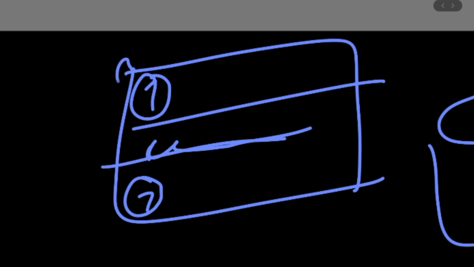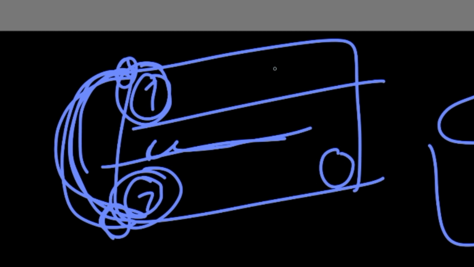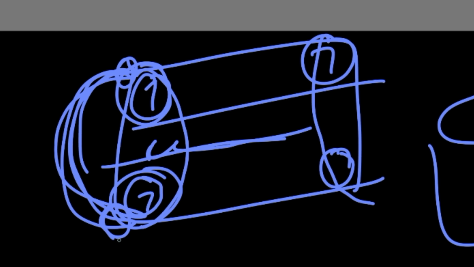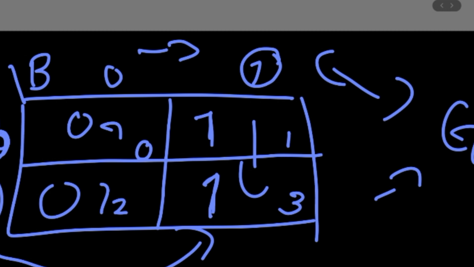So this upper part and this lower part can be considered the same part, as it is connected like a row. Same with this side and this side. If there were 1s in all of these corners, they could be grouped as a group of 4. That's an interesting thing about the K-map, which seems confusing at first, but as we go on and do questions, it gets easier and easier.